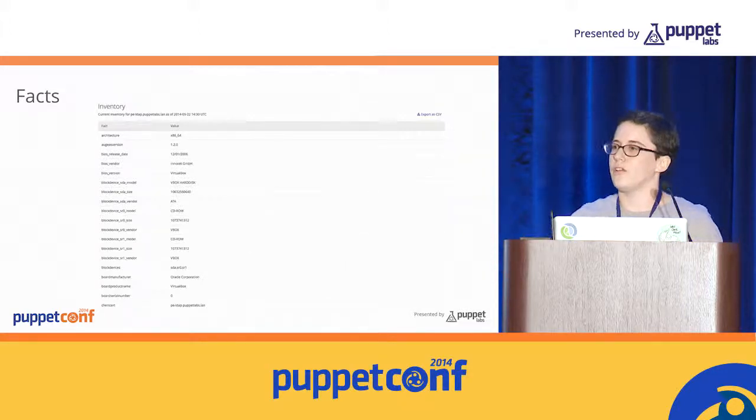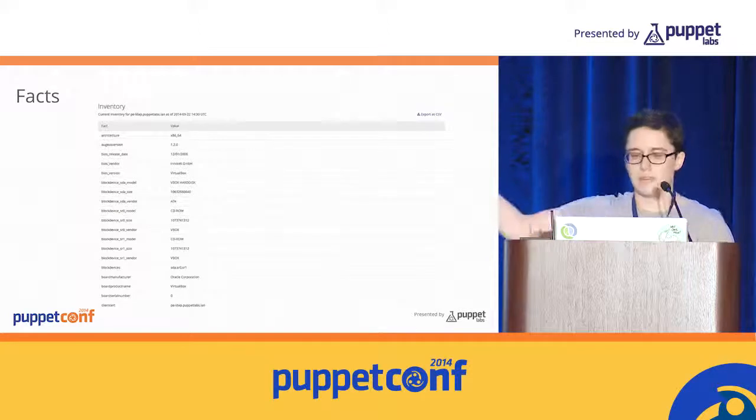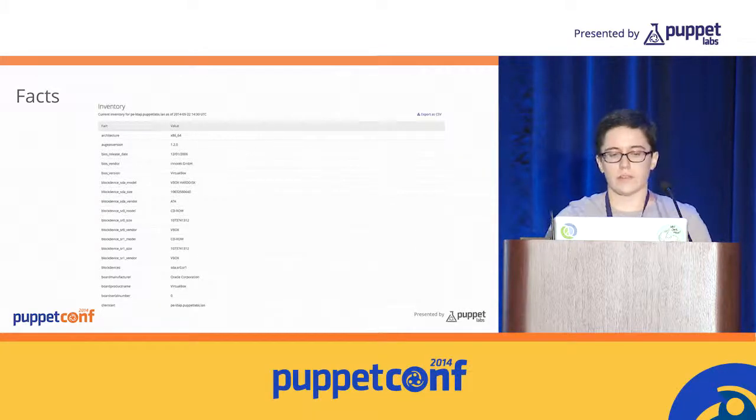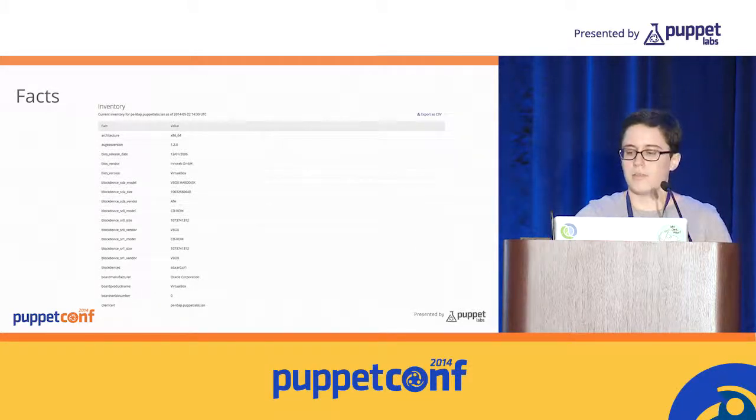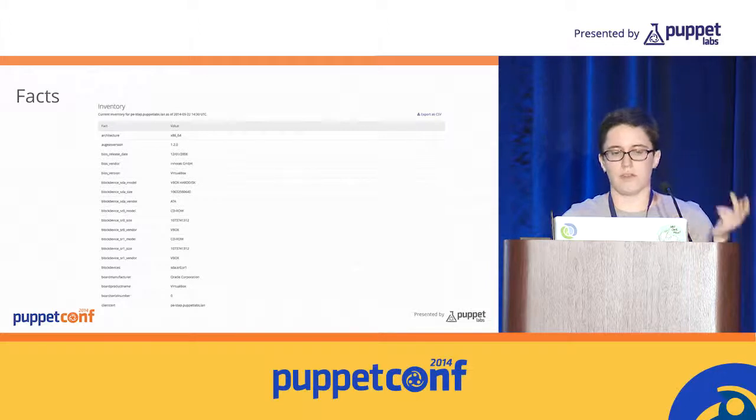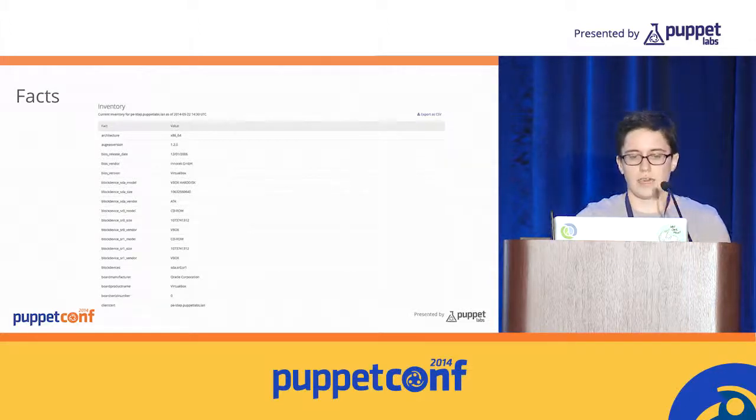If you were to go and look at a nodes page, you would scroll down to the bottom and see this inventory. And this is a long list of all of the facts from the agent's last run. So this is what it submitted to the master when it requested its catalog. And it's a great way to just skim and see, oh, hey, OK, this is all of the stuff that's on this node.